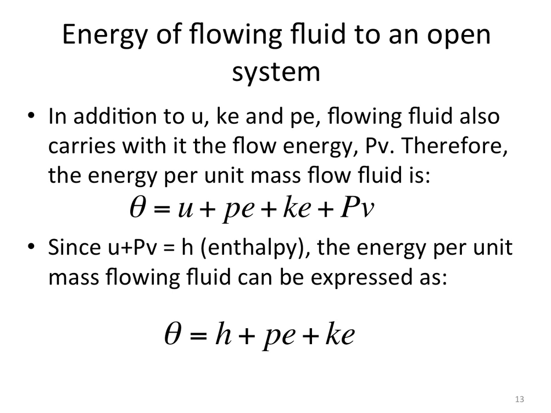By definition, enthalpy is defined as u plus Pv, as we learned before. So we can write theta, this energy per unit mass carried by flowing fluid, as h plus PE plus KE. So the energy associated with a flowing fluid entering or leaving a control volume is its enthalpy, its potential energy, and its kinetic energy. Three things.